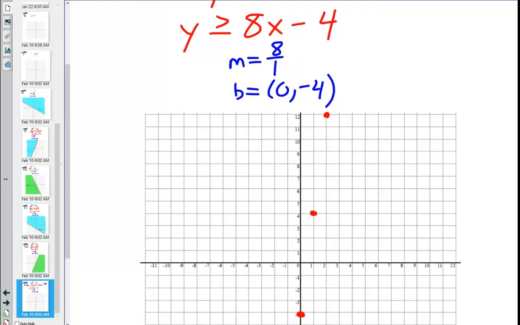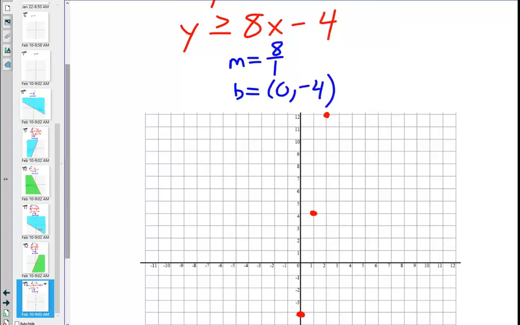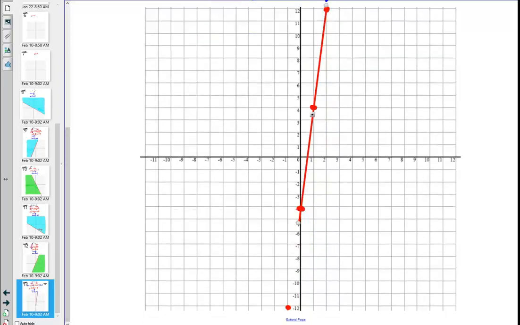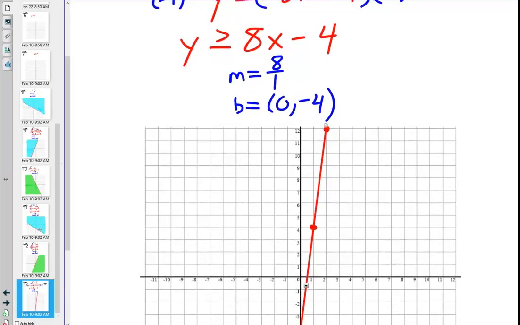Yeah, it is gonna be solid. And then are we gonna shade the sky or shade the ground? Mouth eat Y, shade the sky.